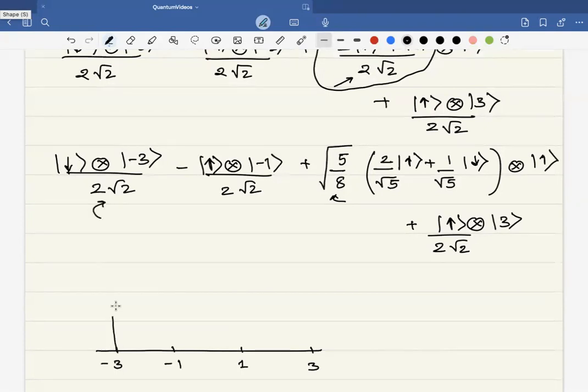So this is 1/8. This is also 1/8. And this is also 1/8. Whereas this is going to be 5/8, right? Which is different from the symmetric thing that we saw in the classical walk.